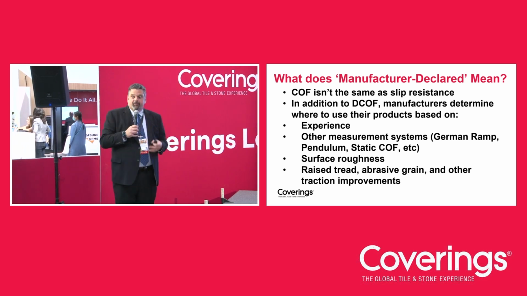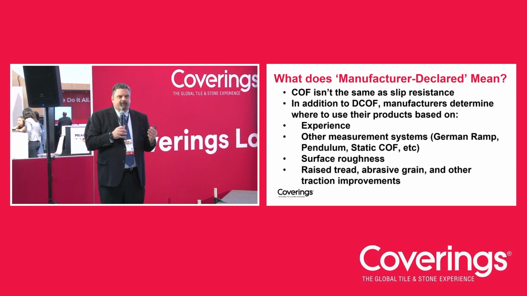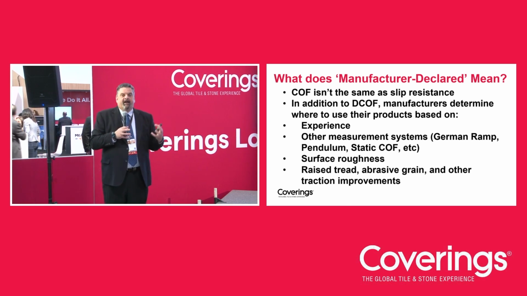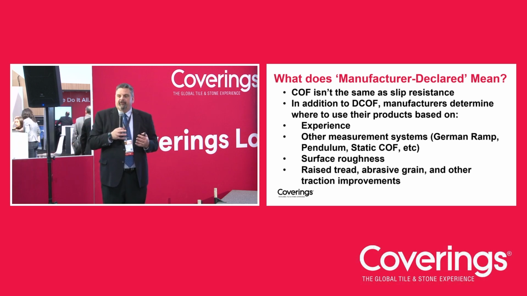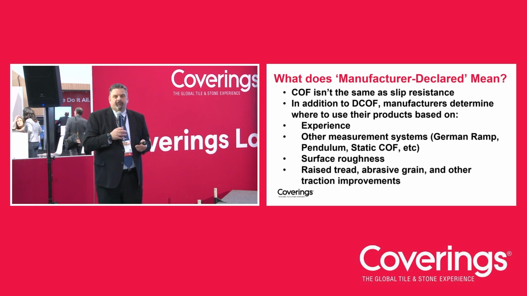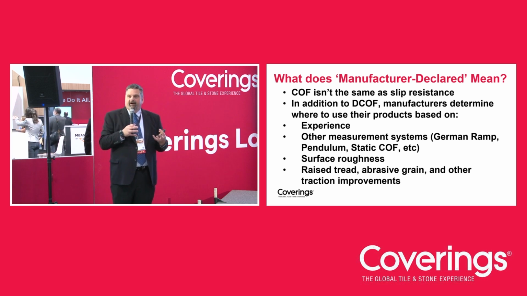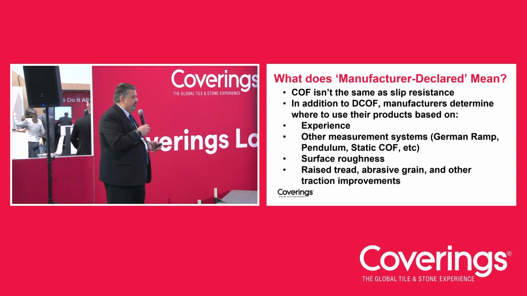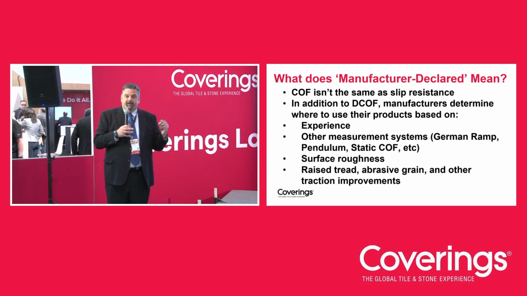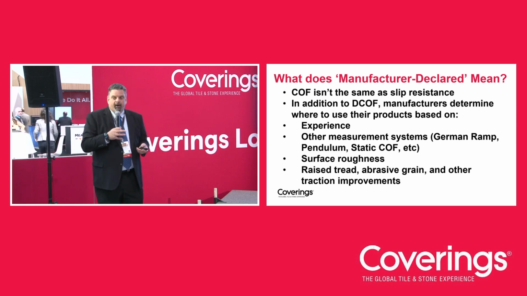There's also surface roughness. There's an effort right now to try to, on a microscopic level, define what surface roughness is, and there are some actual university studies going on right now to try to quantify roughness. And then for us, we put abrasive grains, we make tread on our products. All of that's in an effort to give it additional non-slip properties.